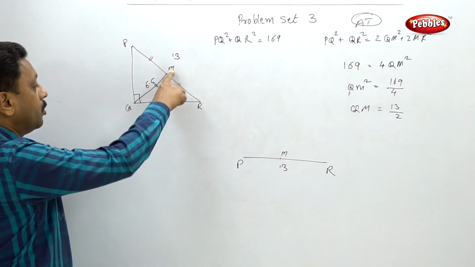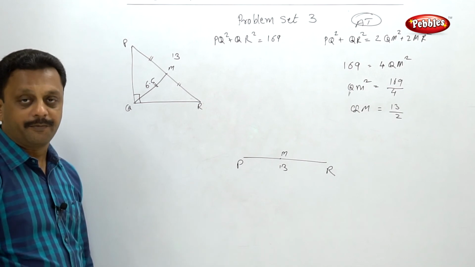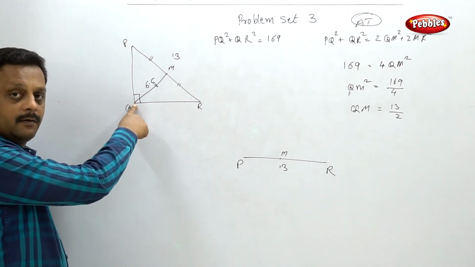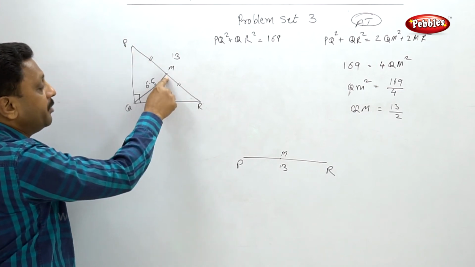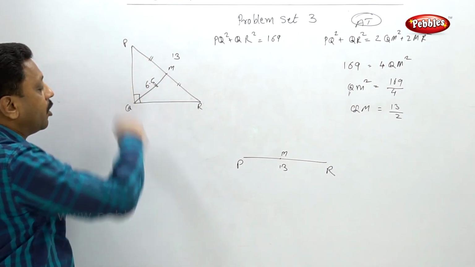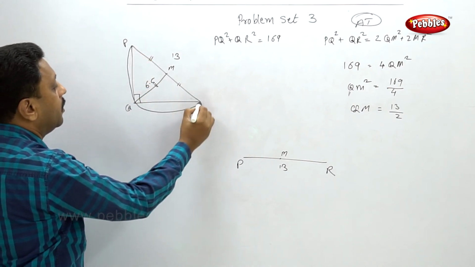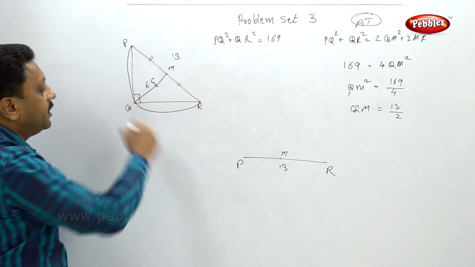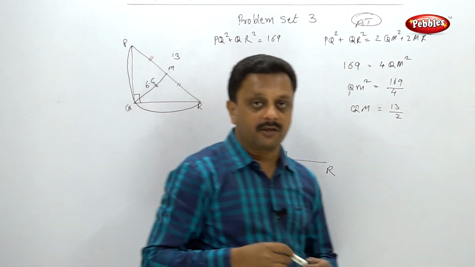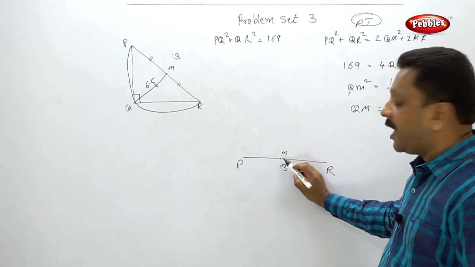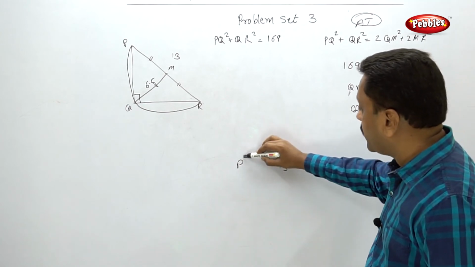Okay, now you know MQ is 6.5, but can you see that this is the right angle? If this is the median, if you take this as center and draw a semicircle, this right angle is an inscribed angle in a semicircle, correct? So by taking M as center, I will draw one semicircle.